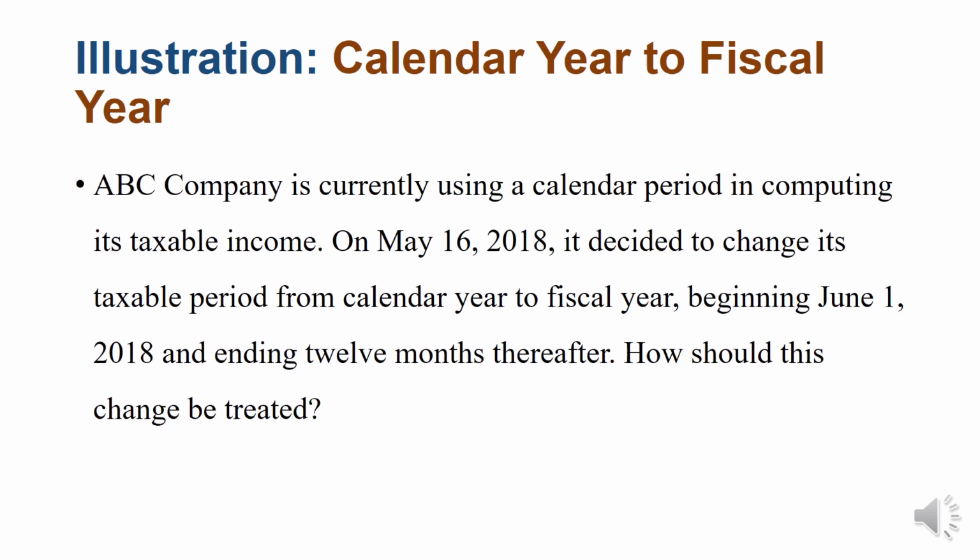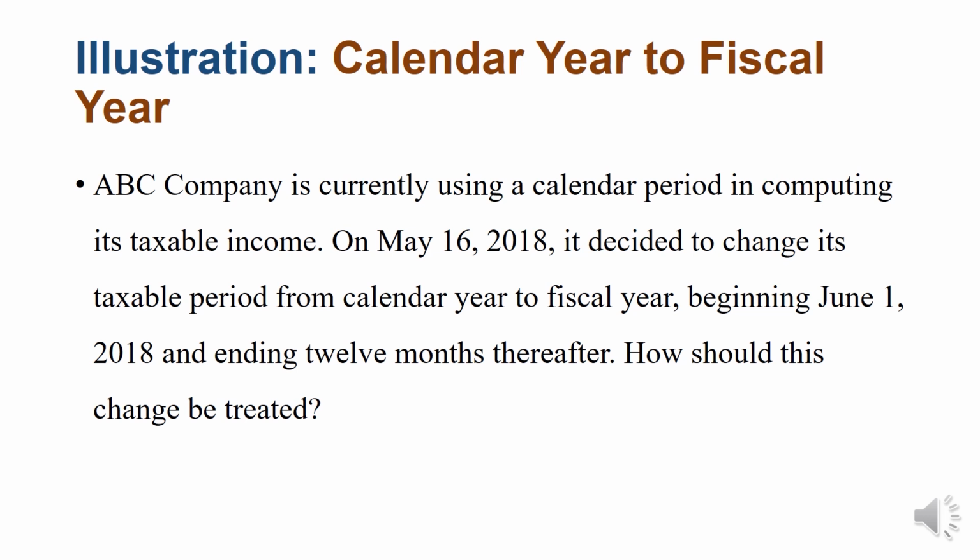For example, ABC Company is currently using a calendar year in computing its taxable income. So ABC company is not an individual taxpayer, therefore, it is allowed to change its accounting period. On May 16, 2018, which is in the middle of the year, it decided to change its taxable period from calendar year to fiscal year, beginning June 1, 2018 and ending 12 months thereafter.